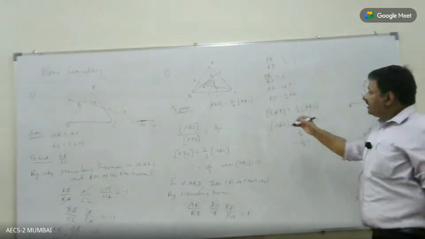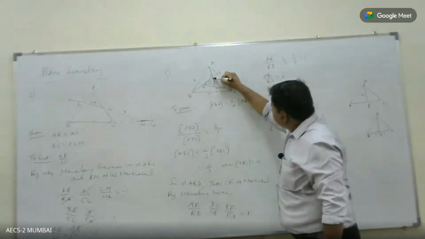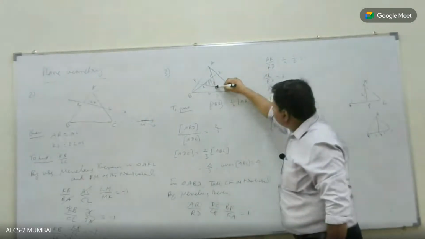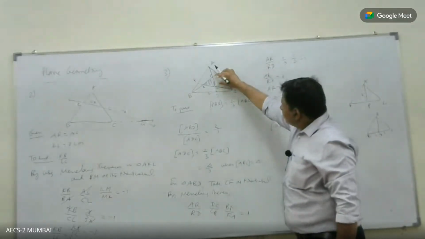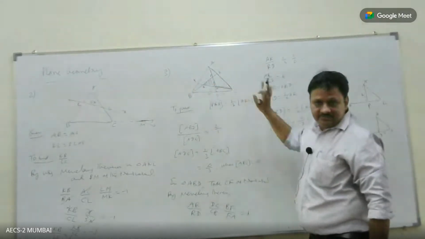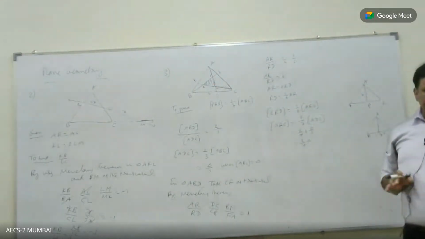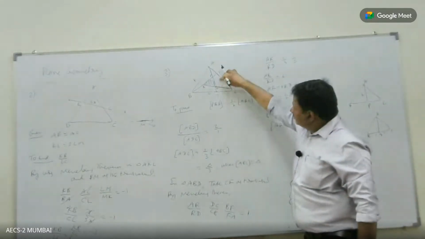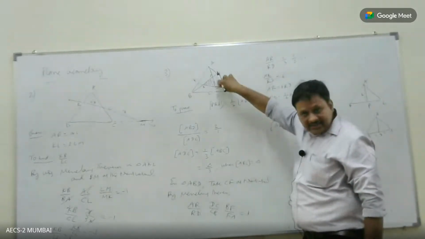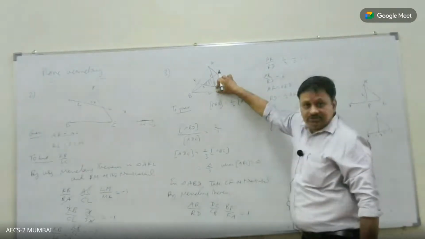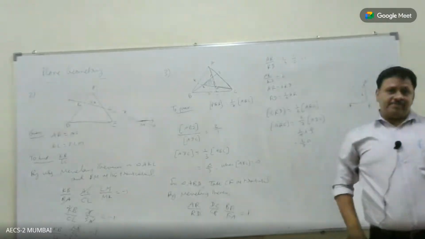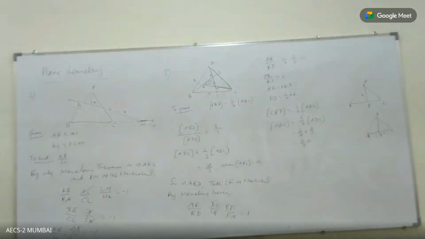So what I am getting here is that the area of ARC is 2 by 7 times ABC. To get this, I wanted this ratio. To get that, I wanted this ratio. To get that, I used Menelaus. Take a minute, reflect on that.